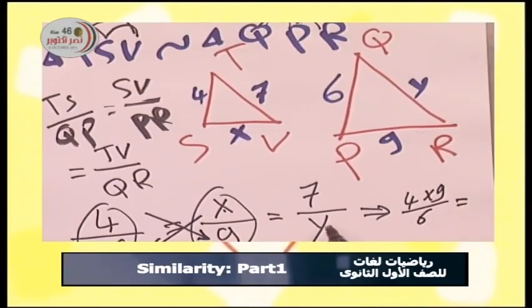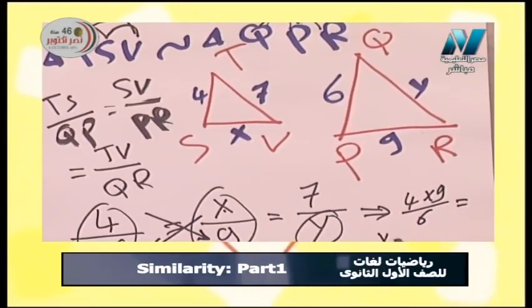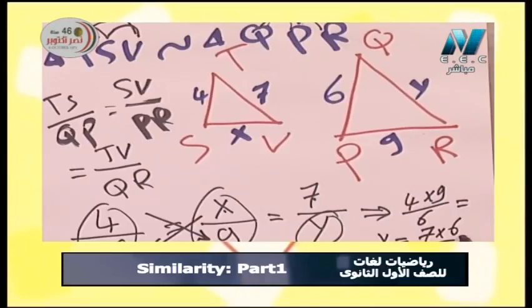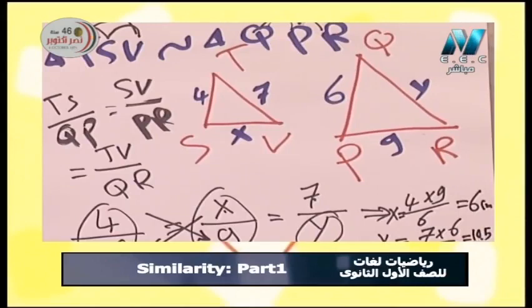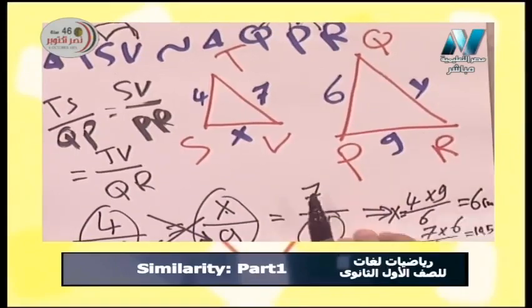And Y equals 7 times 6 over 4. So you will find that X here equals 6 centimeter and Y here equals 10.5. You see now it's very easy for you, my dear students, to calculate this question.